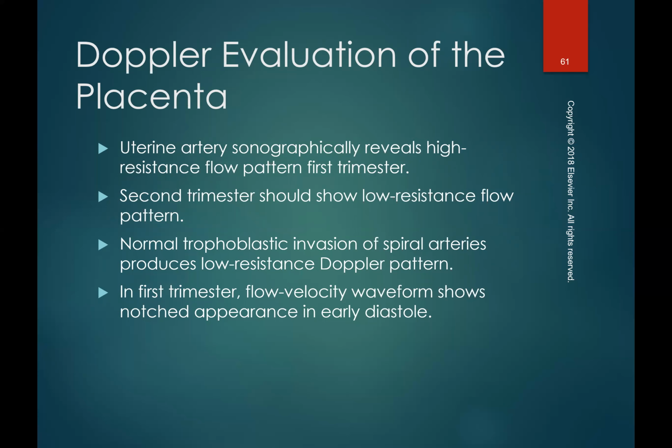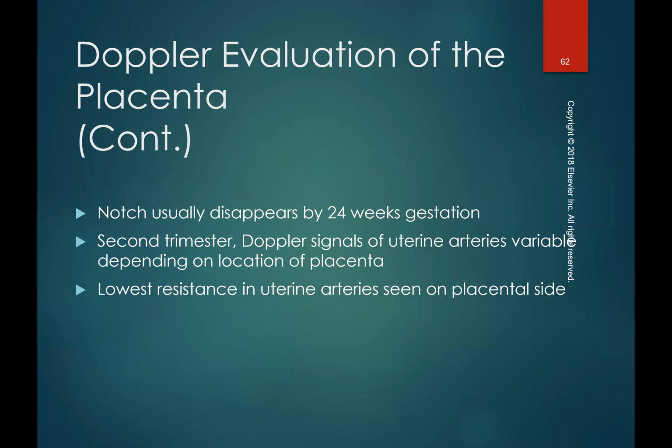Anyway, Doppler evaluation of the placenta. The uterine arteries sonographically reveal a high resistance flow pattern in the first trimester, and in the second trimester, it should be low resistance. There's usually sometimes a notch that appears in the umbilical artery Doppler, but it usually goes away by 24 weeks.